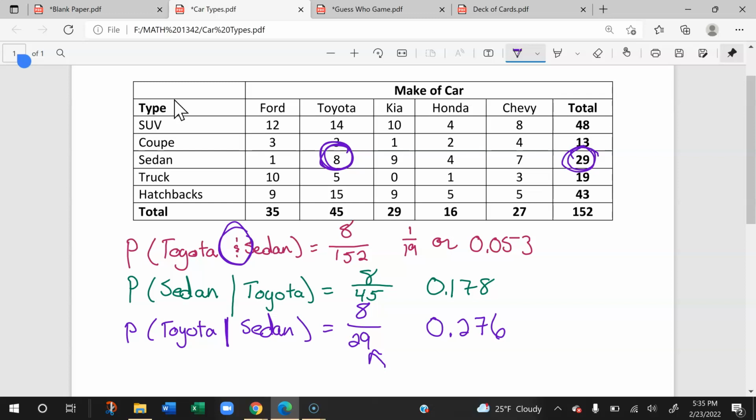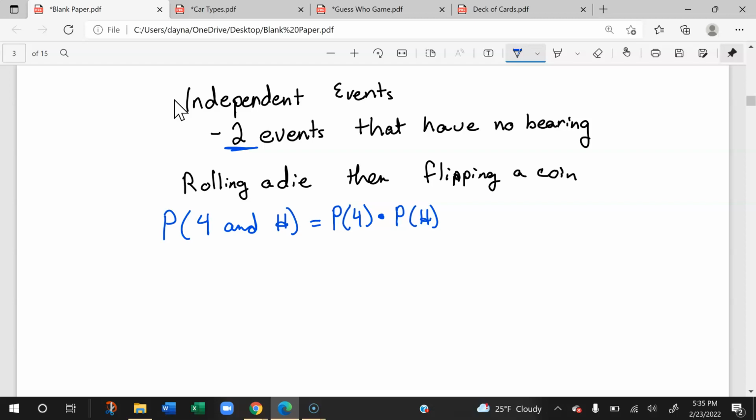If you're only selecting one car and you want it to be two items, a make and a type, don't multiply. Never multiply. These are two separate events. You roll something, you flip something, or you pick two different cards, or you pick two different marbles, things like that.